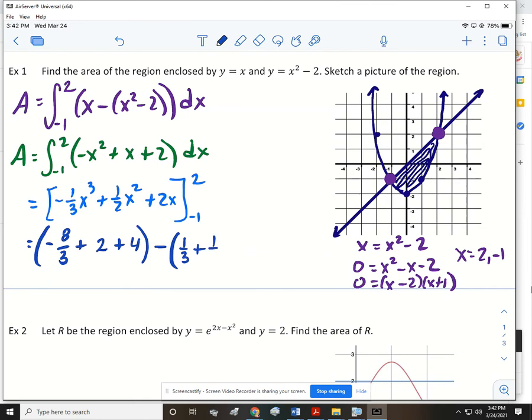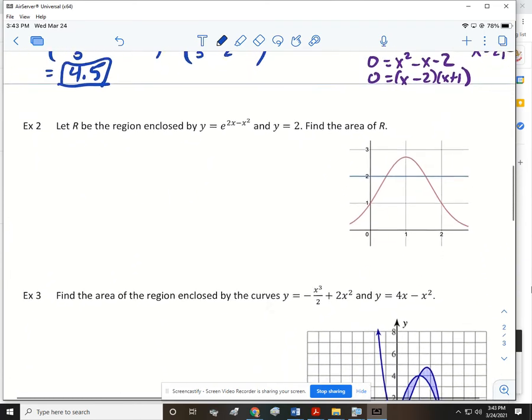There I would get +1, and then I would do 2 times -2. Okay. And then you can find a common denominator and do all that stuff, or you can just trust me that you get 4.5. I don't want to waste time on the arithmetic today. So that, or 9/2, either one, is the area of that region bounded by those two curves.